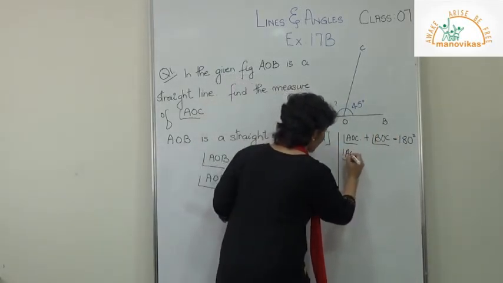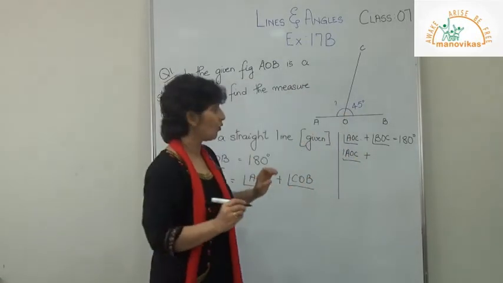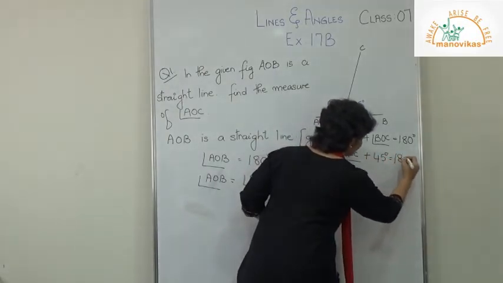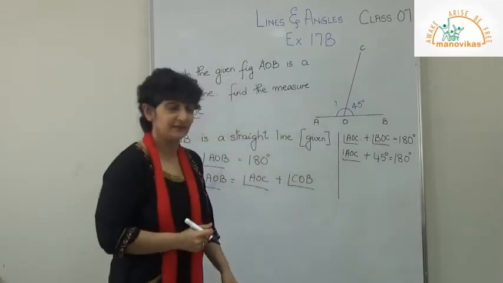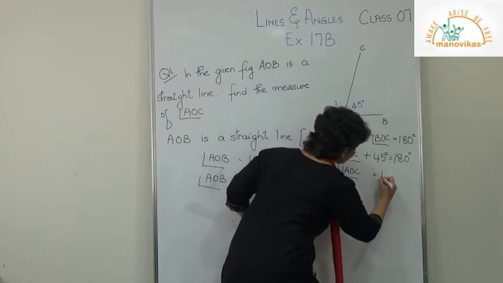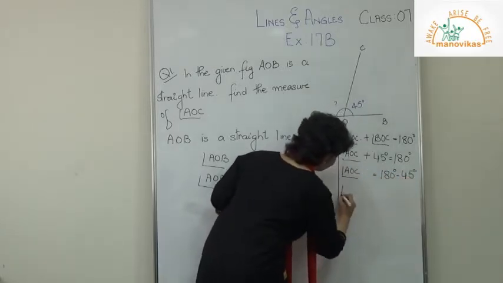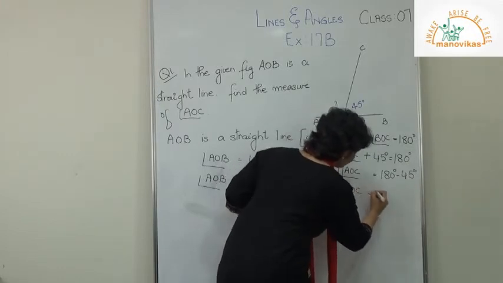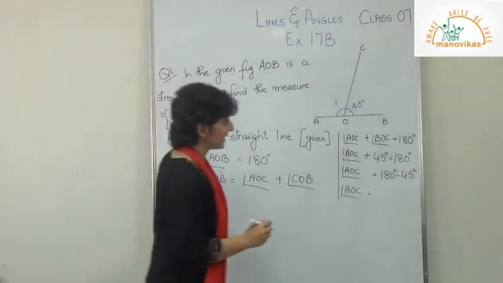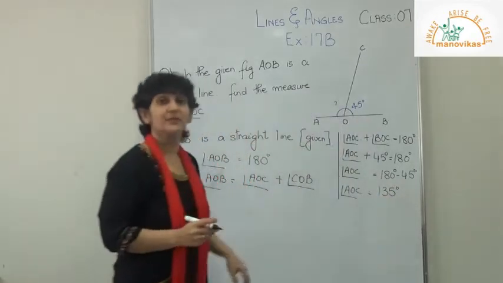Now I know angle AOC plus angle BOC is 45 degrees is equal to 180 degrees. Correct? So angle AOC is equal to 180 degrees minus 45 degrees. So what happens, children, when I subtract 180 minus 45? I will get it as 135 degrees. Is that clear?